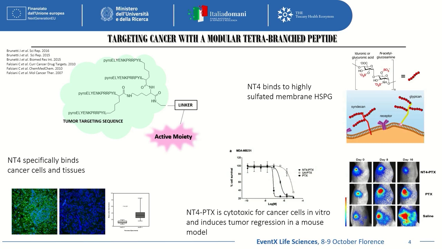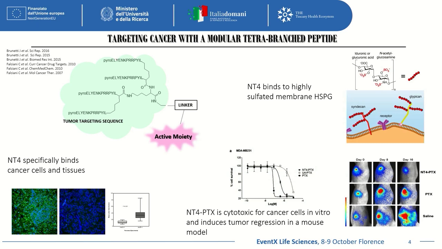So they overexpress these, but more than that, they oversulfate these heparan sulfate proteoglycans. Thanks to this cancer selectivity, we thought it was possible to use that peptide for targeting cancer. We started by analyzing cytotoxicity in cells, but then quickly moved to an in vivo model, where we used this branched peptide, named NT4, conjugated to paclitaxel.